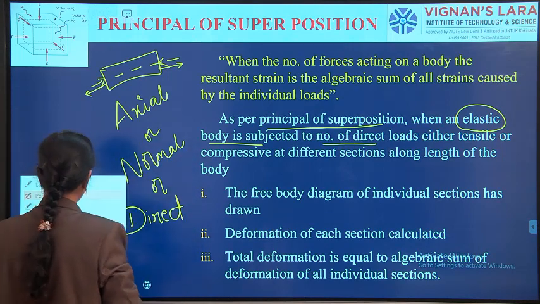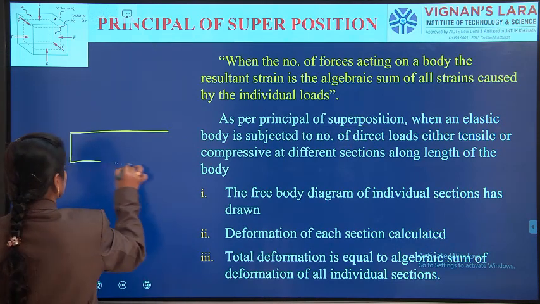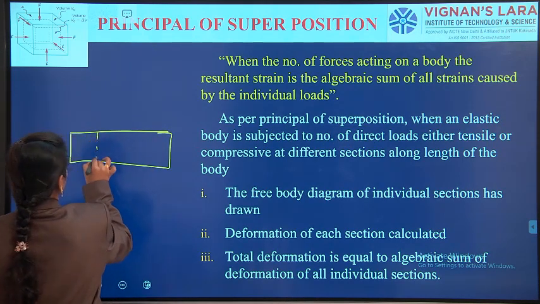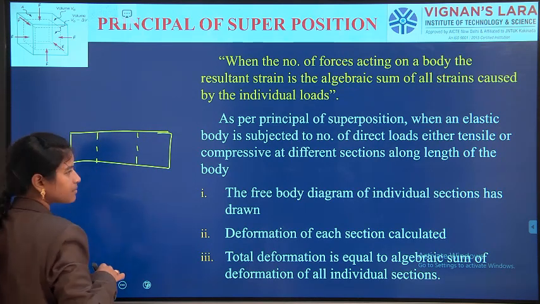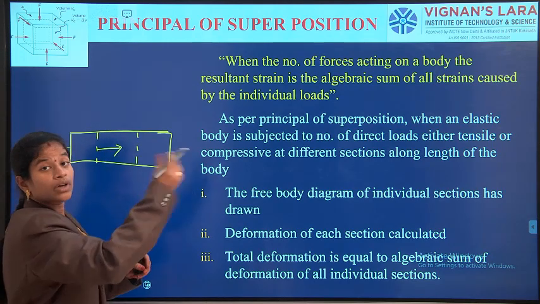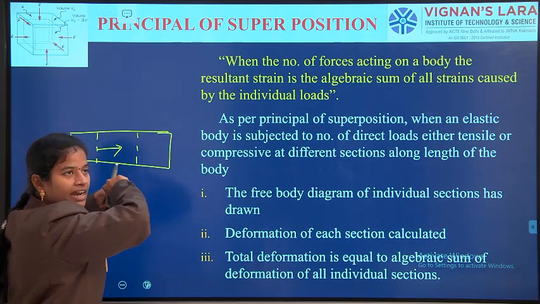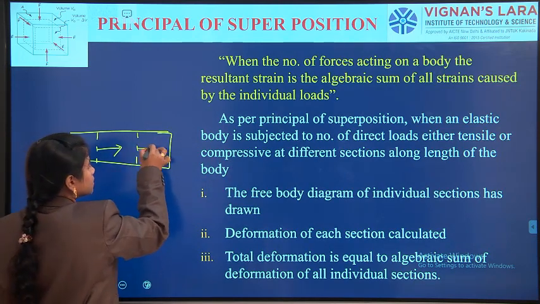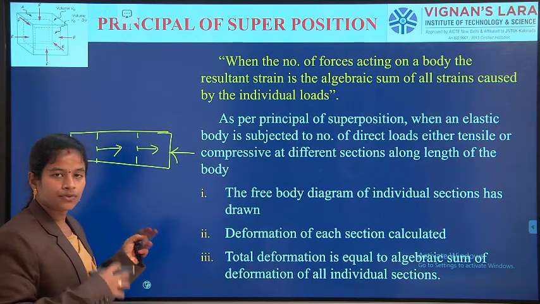One body is there here. Here I am applying some tensile load. Maybe at some other point we are applying some compressive load, maybe tying a knot and making it tighter, or at the end applying some compressive force.